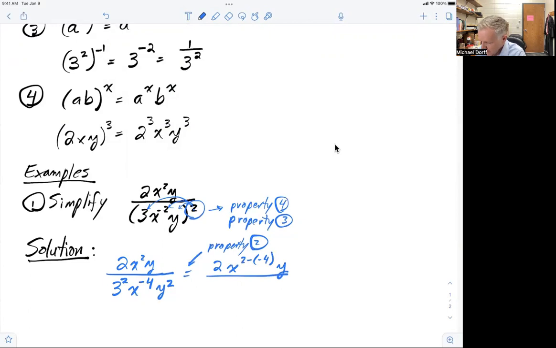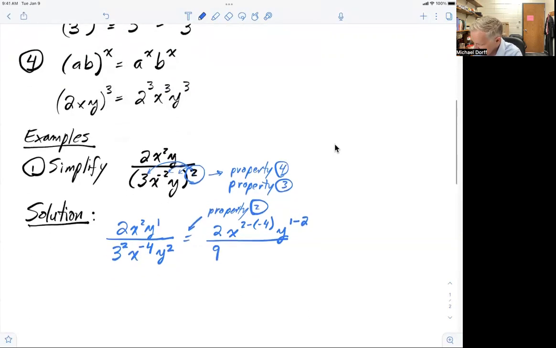There's not a number next to the y, so that means it's a 1, and so I'm going to have a 1 minus 2 on the y power. And in the denominator, I've got a 3 squared, which is 9. So I could write this as 2/9 x to the 6th, because 2 minus a negative 4 is 2 plus 4, which is 6, and y to the negative 1.